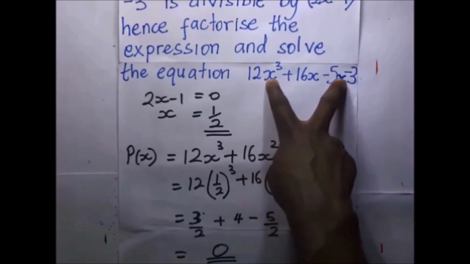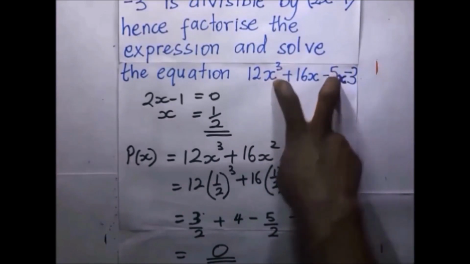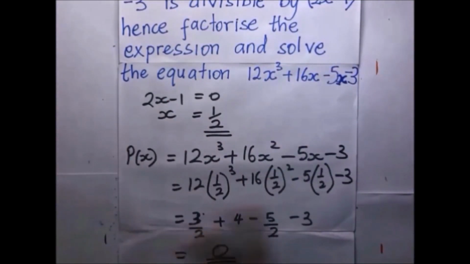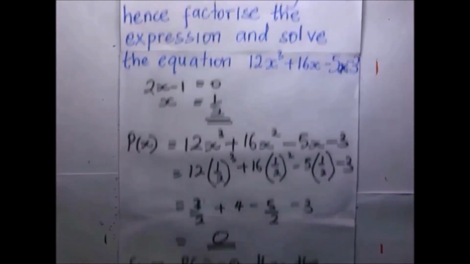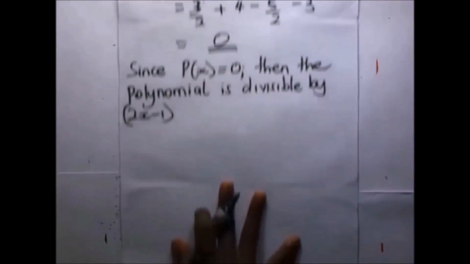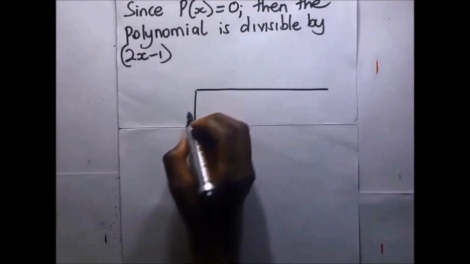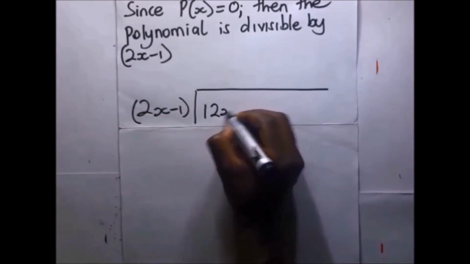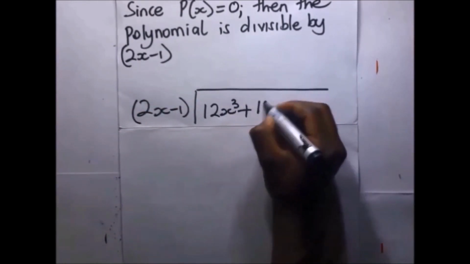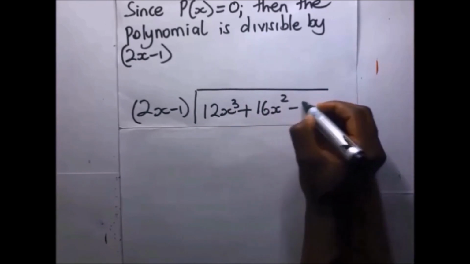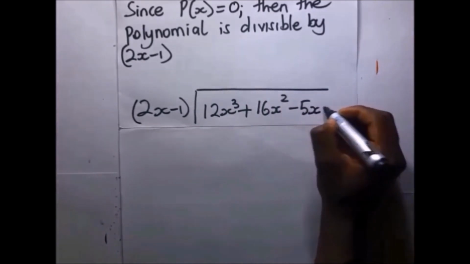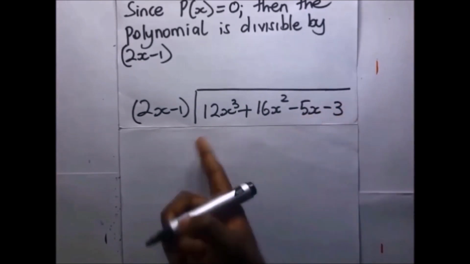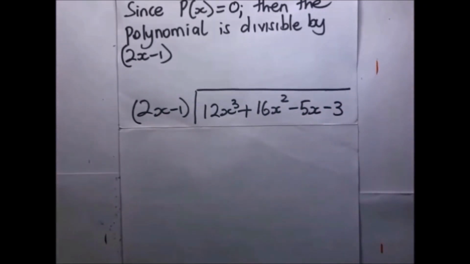So we shall first use long division to divide this by this factor, knowing that our remainder will be 0. We divide 12x cubed plus 16x squared minus 5x minus 3 by 2x minus 1.